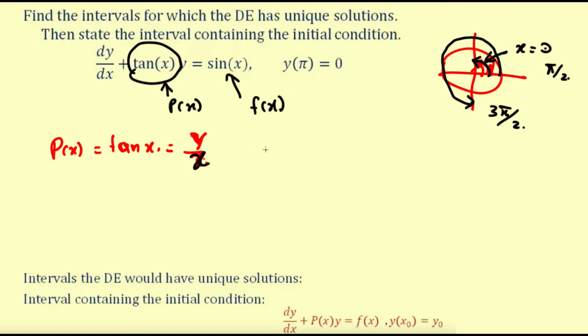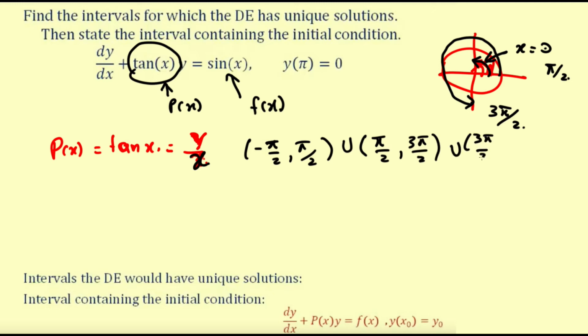So we can write this in multiple ways. You can write negative pi by 2 to pi by 2, and you can write pi by 2 to 3 pi by 2, and you can write 3 pi by 2 to 5 pi by 2.